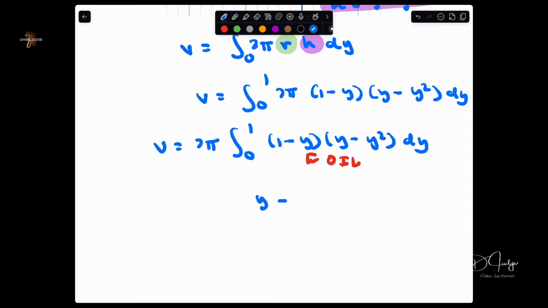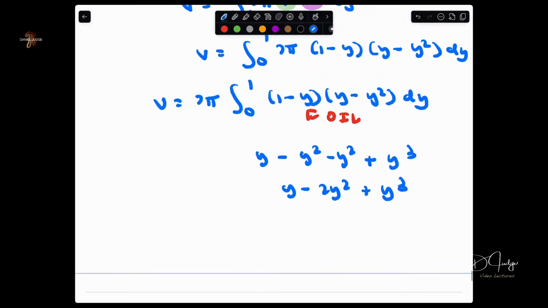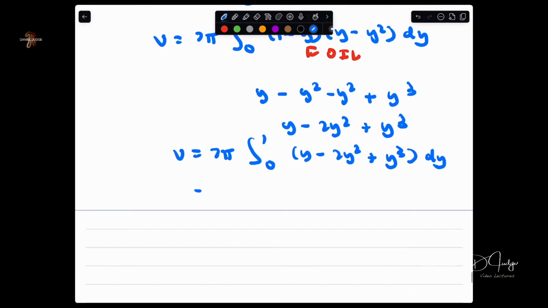First, outer, inner, last. All right, let's see if we can get this here. 2 pi integrate 0 to 1 of y minus 2y squared plus y cubed dy.